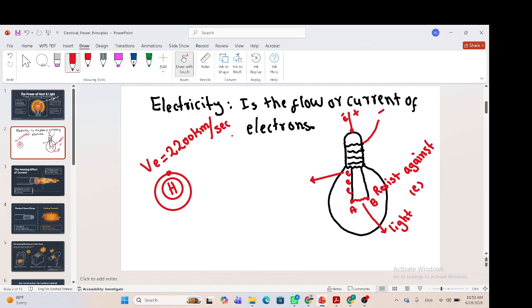One electron is moving with this high velocity, in 1 second.